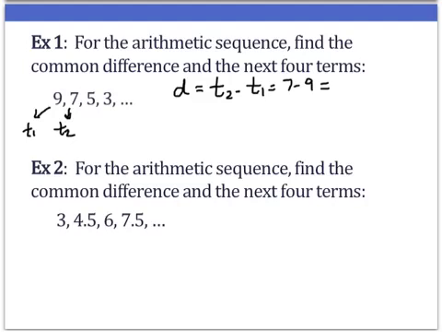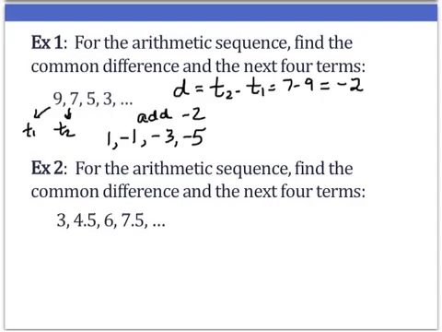As you can see, our sequence is descending, going down. So for our next four terms, we're going to add -2. We want to think of it as adding a negative as opposed to subtracting. So if we have 3 and add -2, our next term is 1. Go down 2 more: -1, -3, -5. That gives us our next four terms.